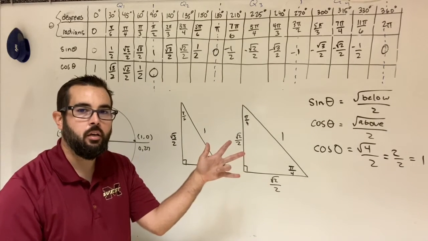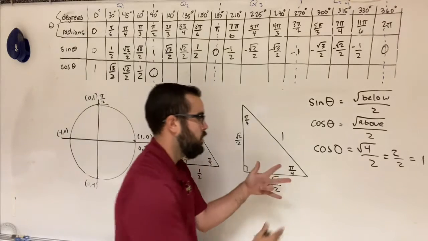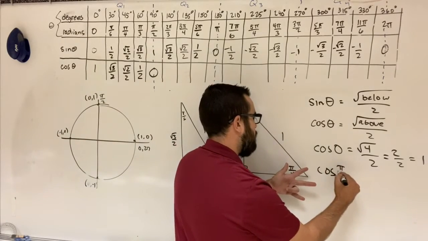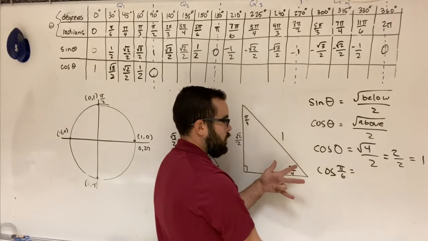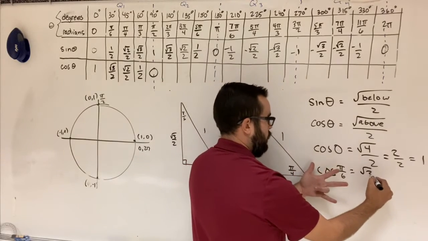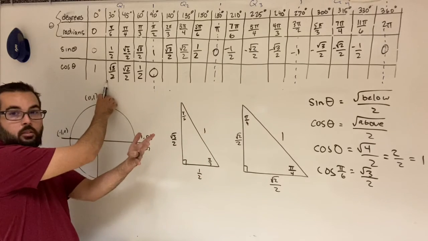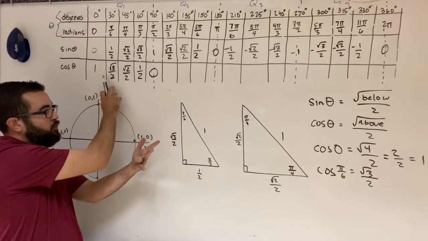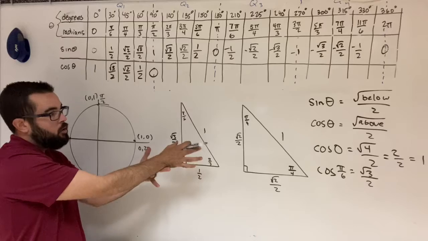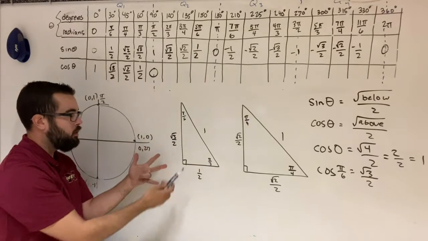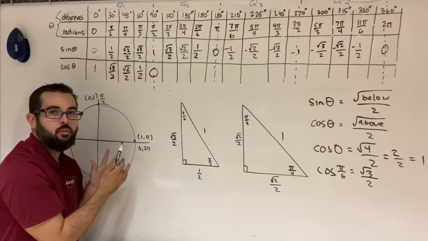Okay, next finger, your 30-degree finger. So the cosine of pi over 6 is equal to the square root of the fingers above divided by 2, and it's square root 3 over 2. That's what we got here. These came from the triangles, so this little trick is founded in the triangles in the unit circle.